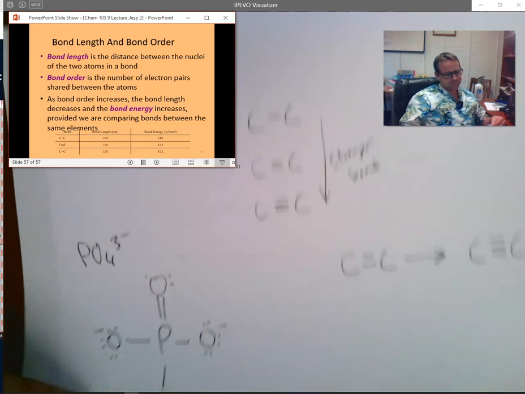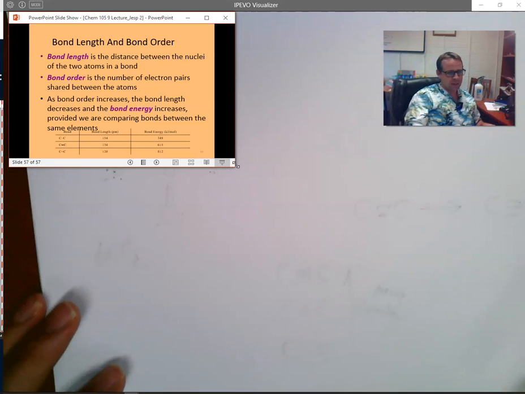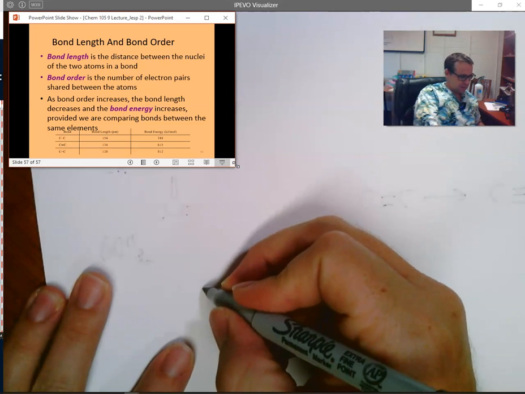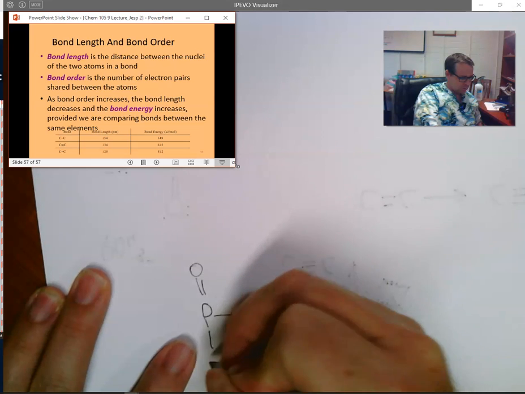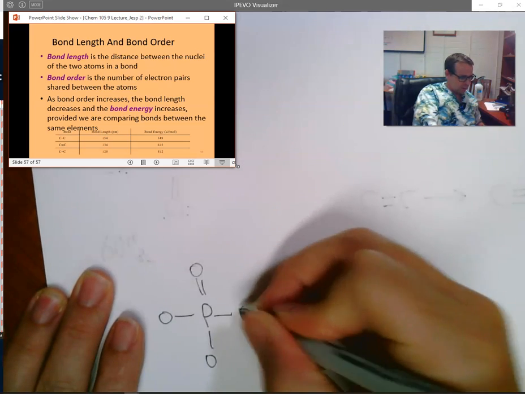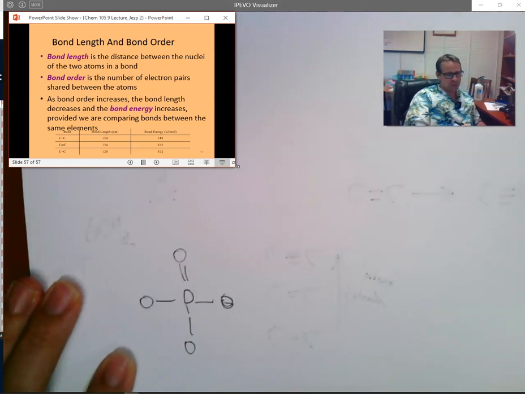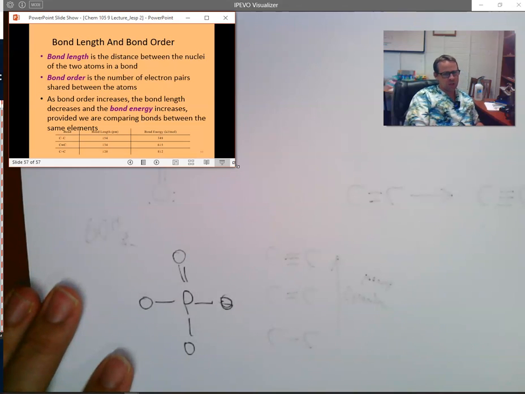Now, if we look at this molecule, a polyatomic ion, phosphorus with 4 oxygens, the phosphate ion, right?